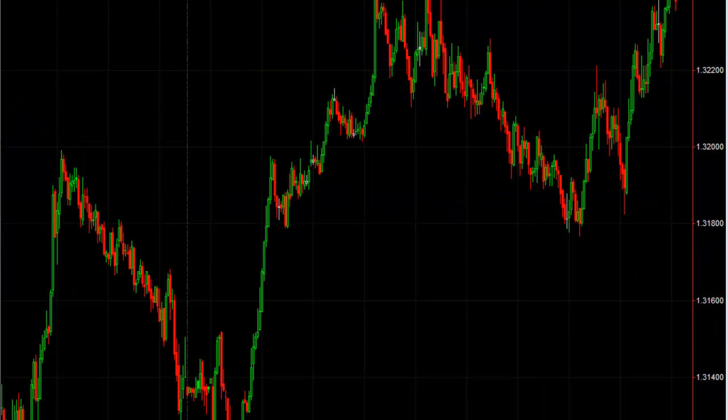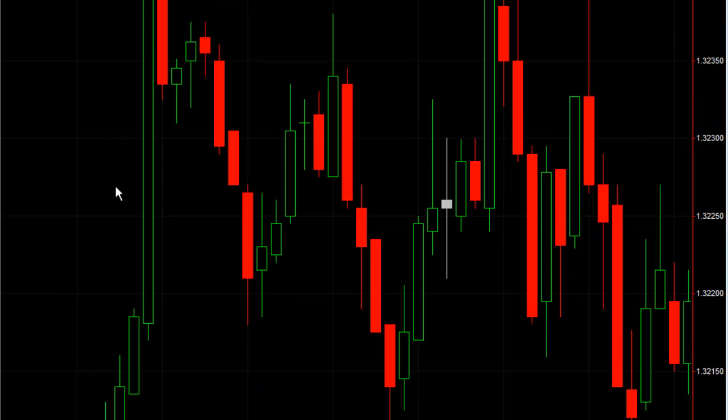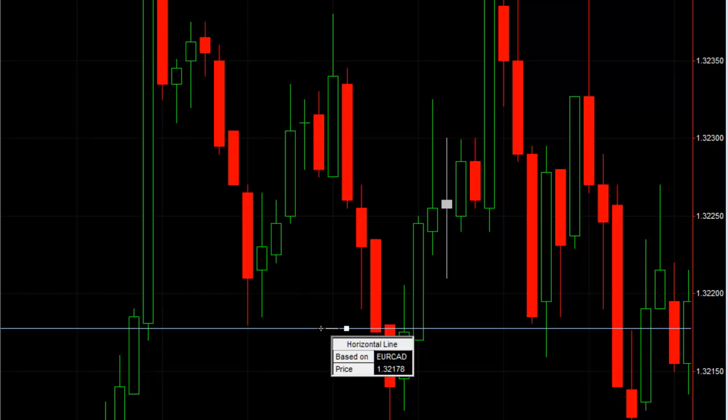Then we looked at the 5-minute chart. The 5-minute EurCad chart showed us that we had made a 1 2 3 top, 1 2 3, and we got a short entry, or if you were simply trading the 5-minute chart, would be from 1.3 to 1.17.